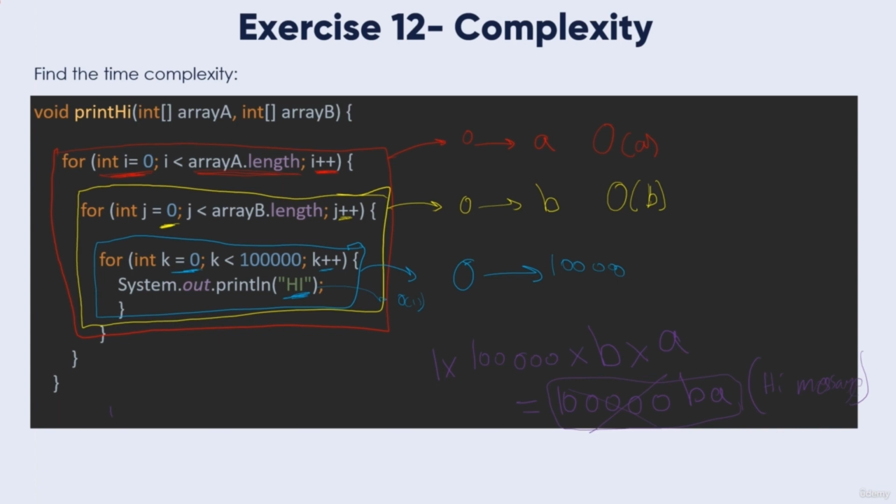And we know every time that it would be executed 100,000 times. Since it is a constant, even though it is a high number, we don't care about it. We care only about studying B times A, because this is variable. This depends on the array A length and array B length. Therefore, the final result and the solution would be O of A times B.